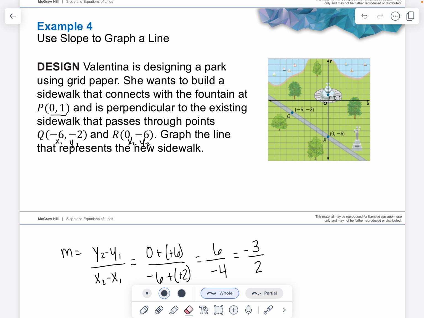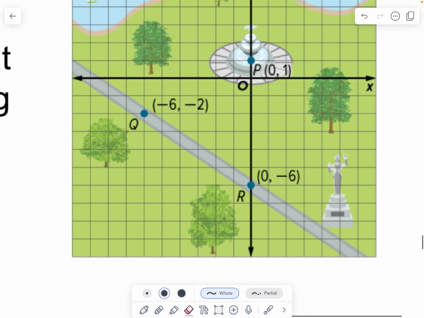Okay, so we're going to come up here, -3 over 2. So if we just need to graph the line, that means we can go over here, and rise over run means we go down 3 over 2. That's what this is doing. It's going down 3, 1, 2, 3 over 2. Does that look like that's what that line's doing? Rise 1, 2, 3, 1, 2.